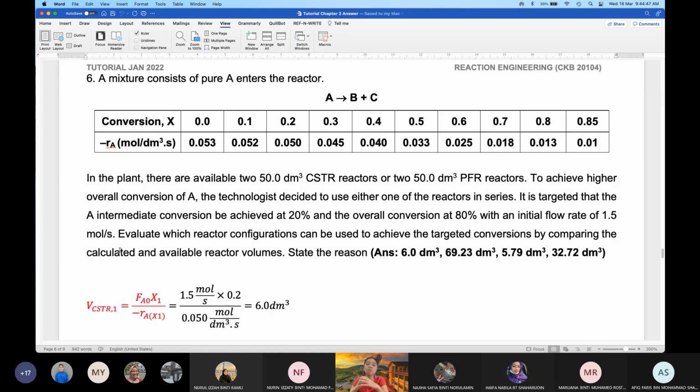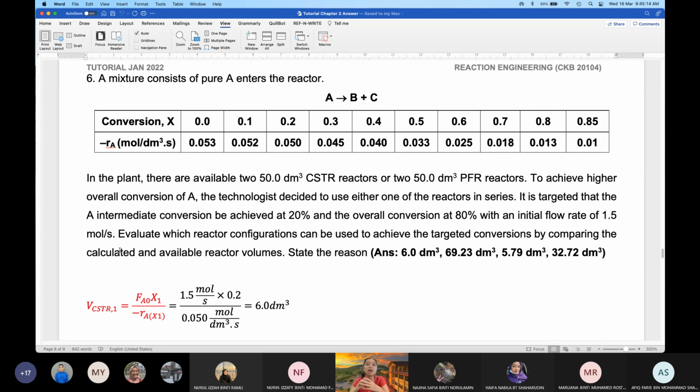So you compare with the available reactor volume. If the calculated reactor volume is smaller or lesser than the available volume, then you can use the reactor. But if the volume you calculated is larger than the available reactor volume, hence you cannot use the reactor.